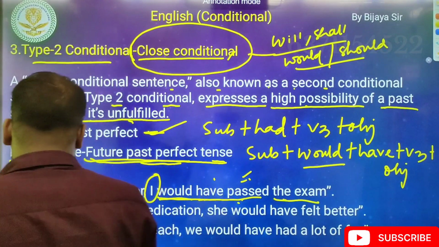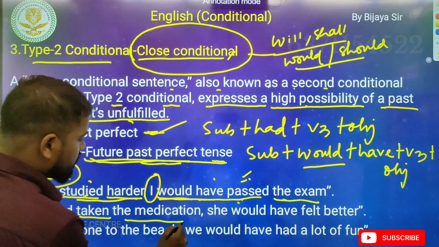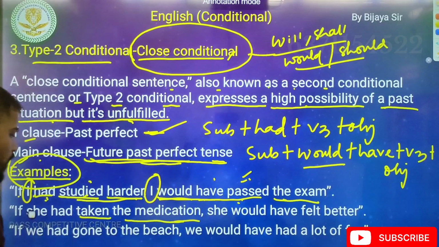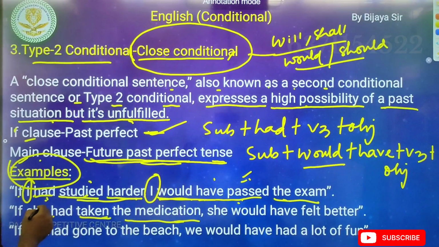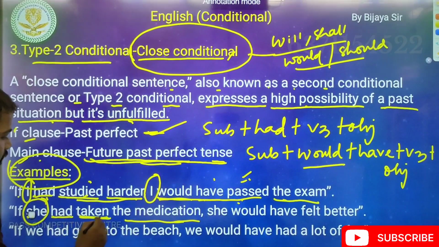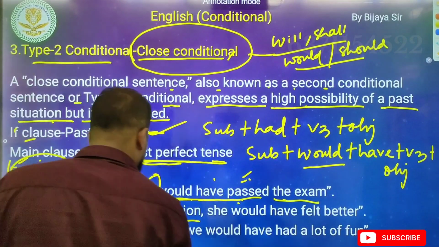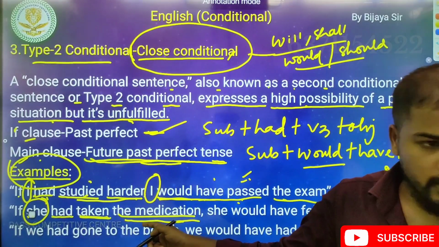Our next example, dear students: if she had taken the medication, right? She is the subject, had is used for perfect tense, taken is the V3 form, the medication is the object. So this one is past perfect. What is the structure of past perfect, dear students?